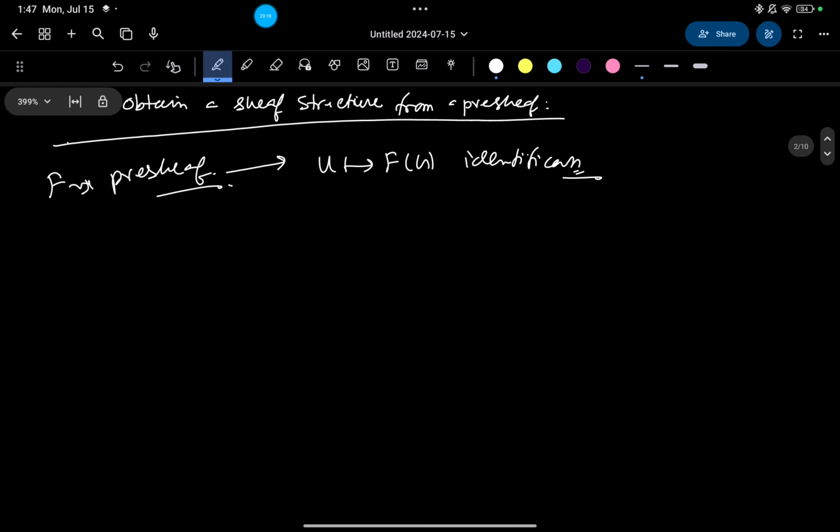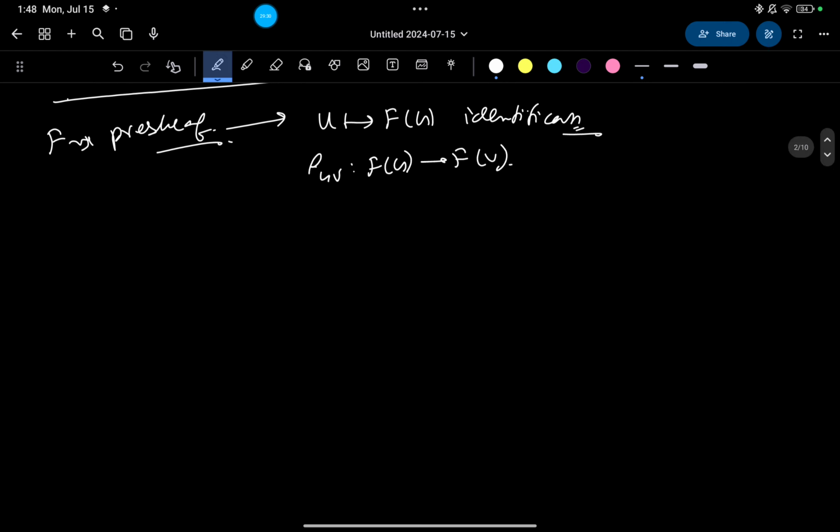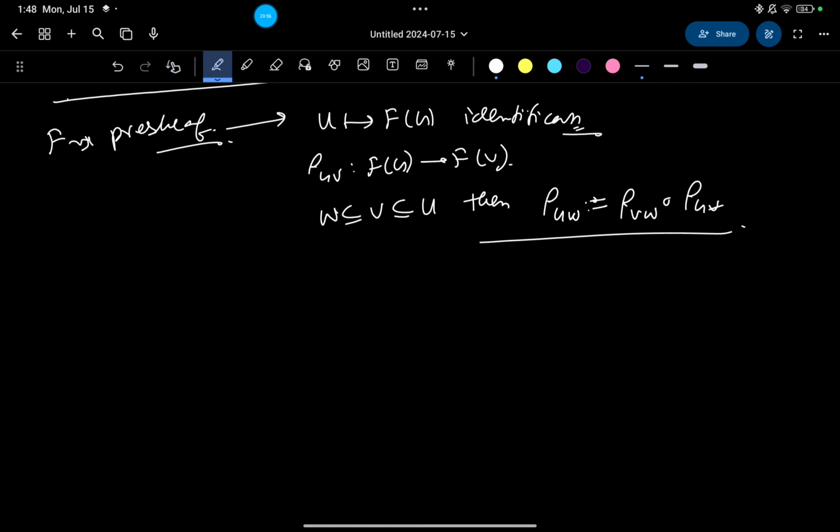Also I have rho U V from each F U to F of V, as well as, suppose W is a subset of V, a subset of U, then rho U W is nothing but rho V W composed with rho U V, this composition map.